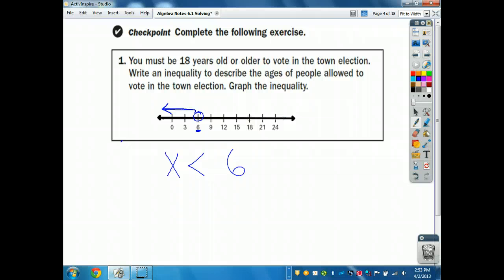No, because it is an open circle. What if it was filled in, however? Then yes. Then we would put the equal to sign, because then it includes the 6 as well. So these are the same thing, just written differently. One's on a number line, one is in inequality form.